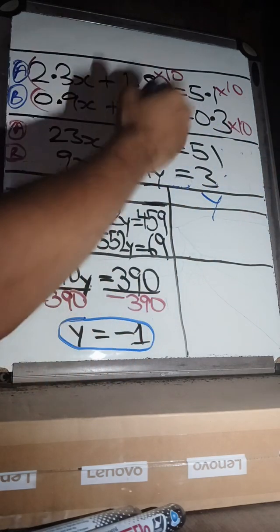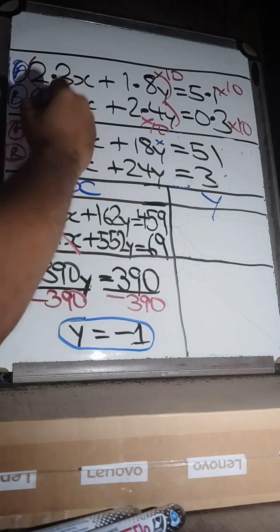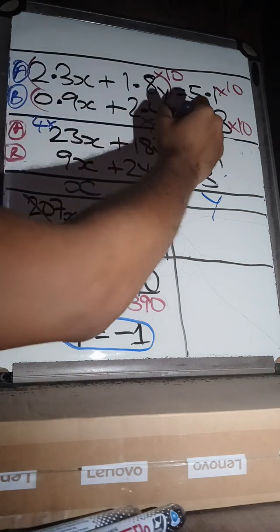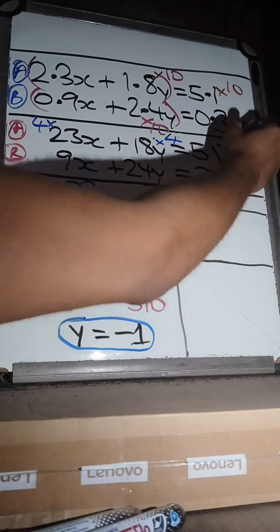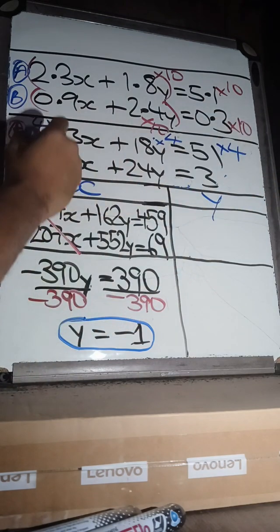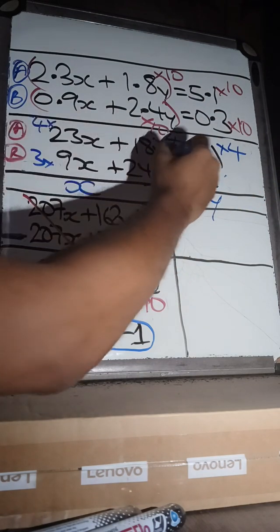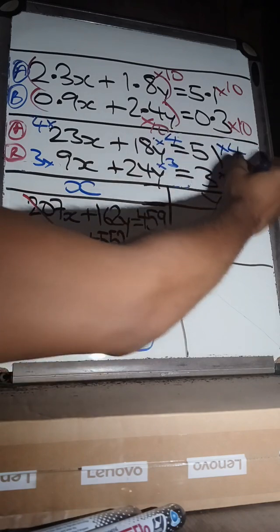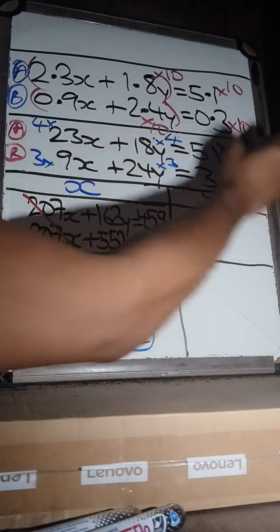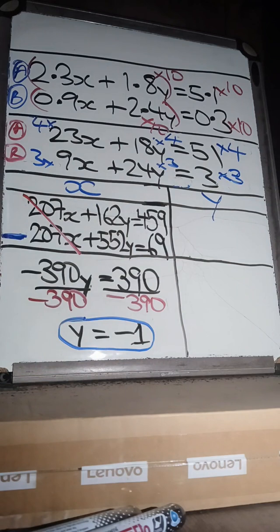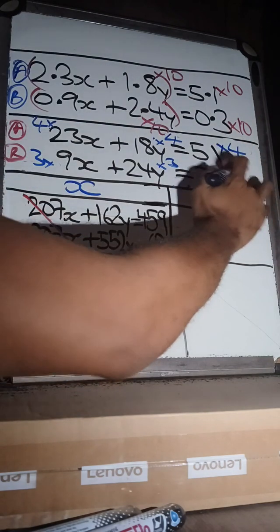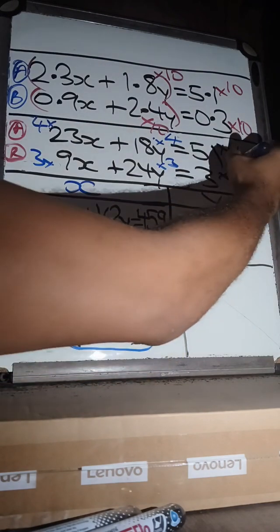So therefore I multiply everything up here by 4. Everything up here is multiplied by 4. Everything down here is multiplied by 3. Alright, why does that 3 look so deformed?